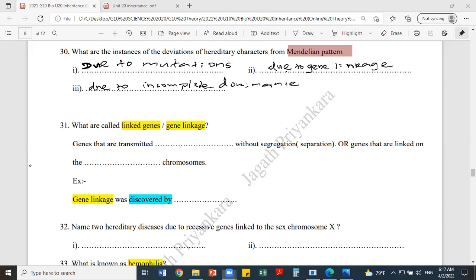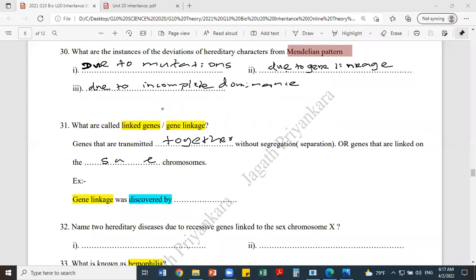So first one, what are called linked genes? Genes that are transmitted together without segregation or separation, or genes that are linked on the same chromosome.